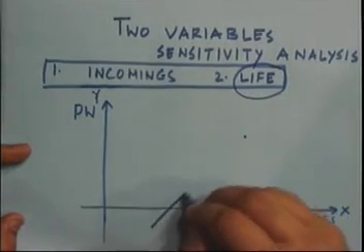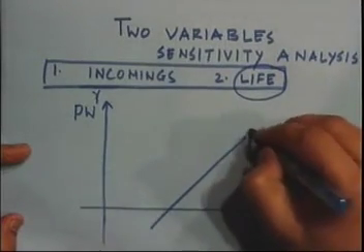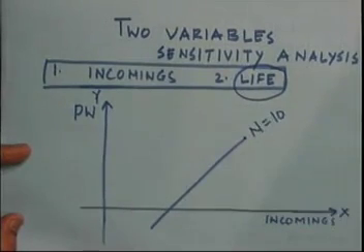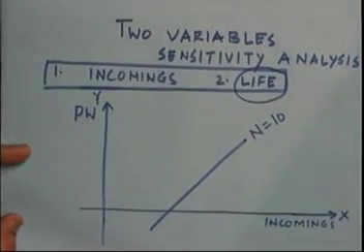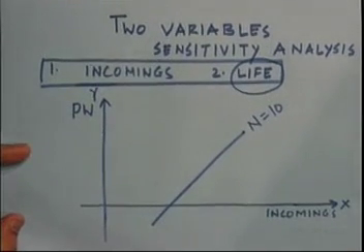Let us say life n is 10 years and I go on changing the value of incomings. I may get a line like this. This is at n is equal to 10. That means, I have assumed life of 10 years as fixed, and then I am going on changing my incoming value from 100,000 to maybe 90,000 to 80,000 to 120,000 to 130,000.